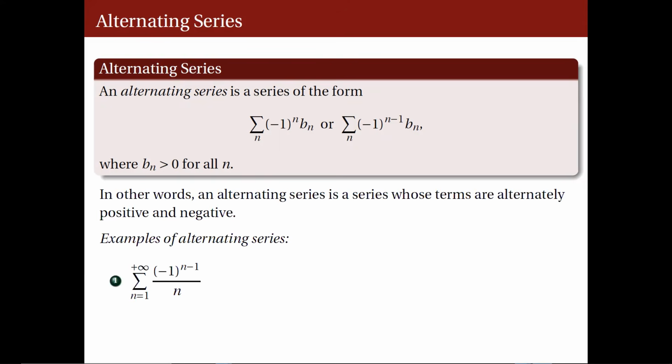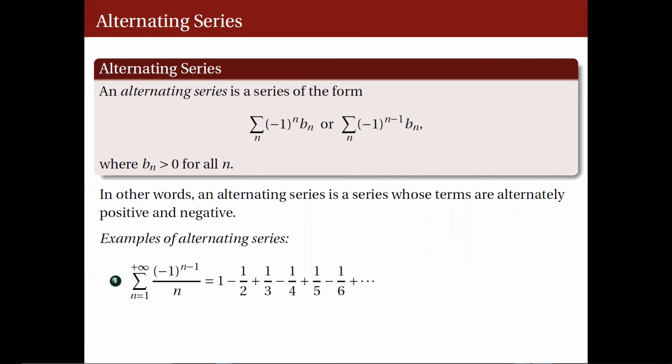Here are some examples of alternating series. For the first example, we have the summation n equals 1 to infinity of (-1)^(n-1) over n. This is equal to 1 minus 1/2 plus 1/3 minus 1/4 and so on.